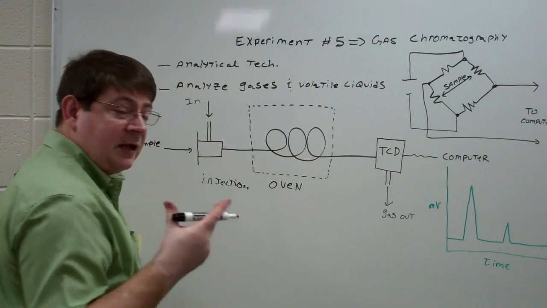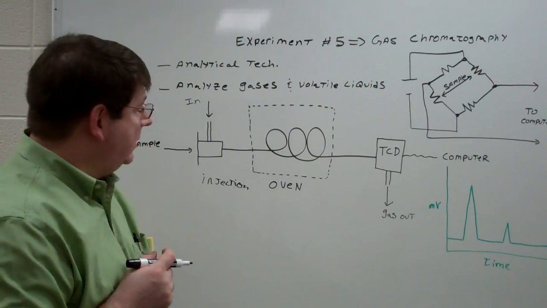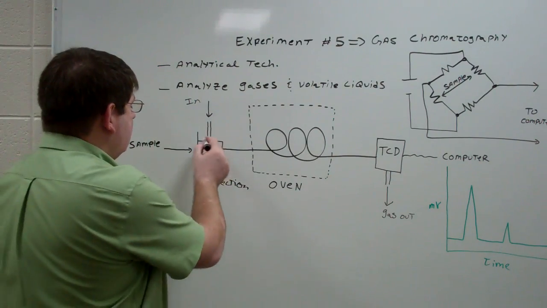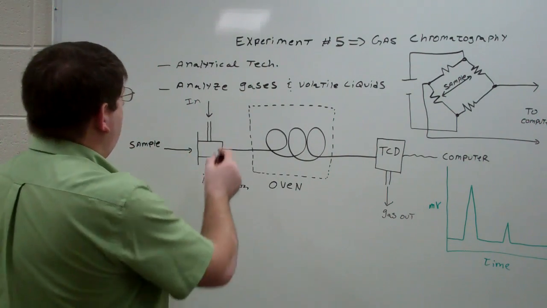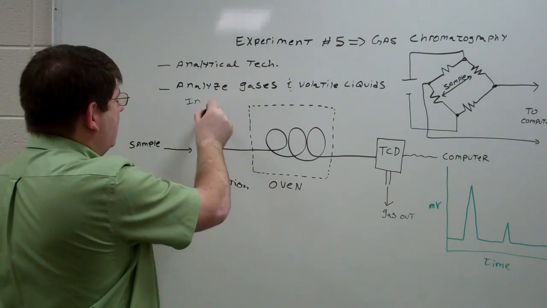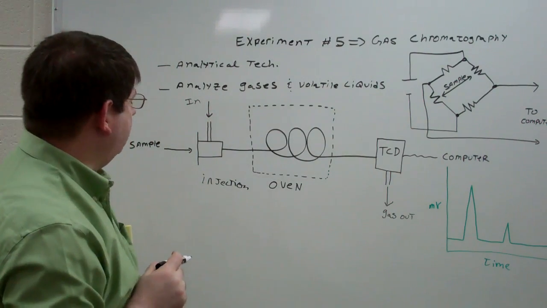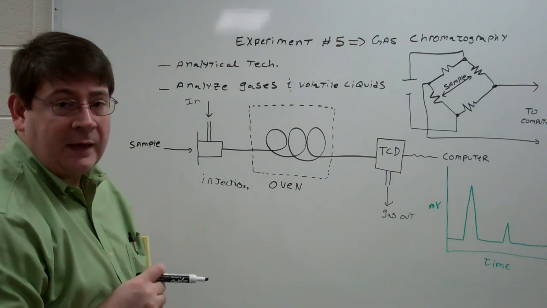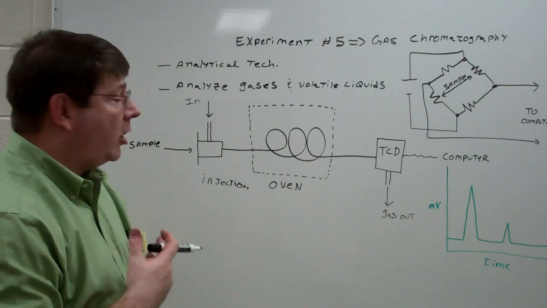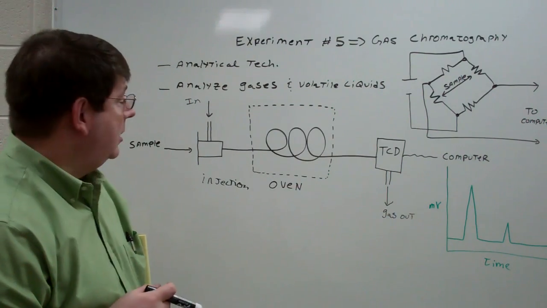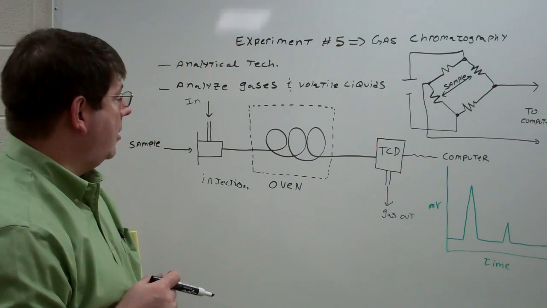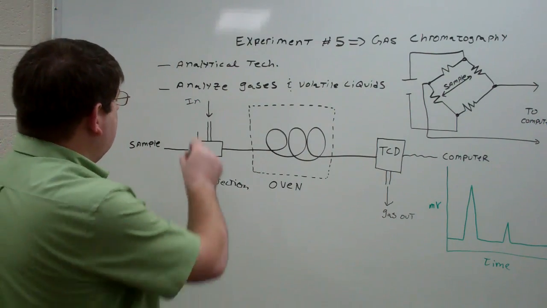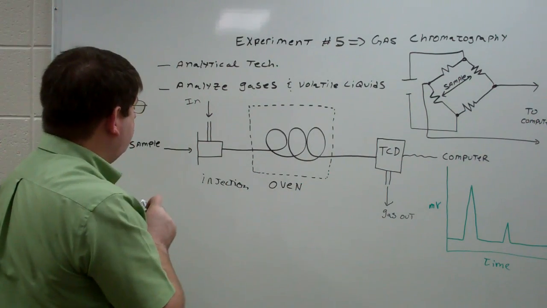You've got to have some way of actually physically getting your liquid sample into the gas chromatograph, and that's the heated injection port. We also have a carrier gas inlet located at the injection port, and that carrier gas is, in our case, helium, but nitrogen is also another common carrier gas. So you have helium coming into the heated injection port.